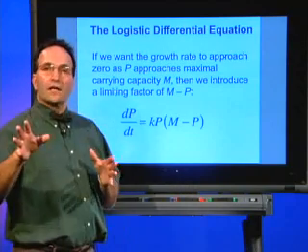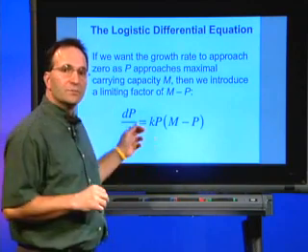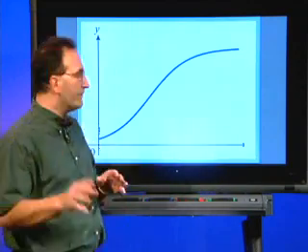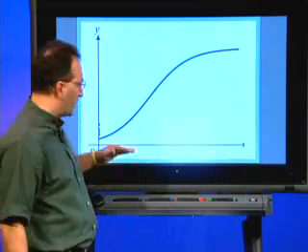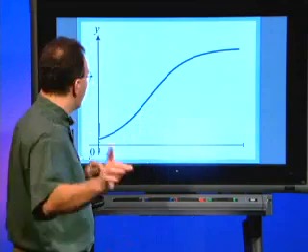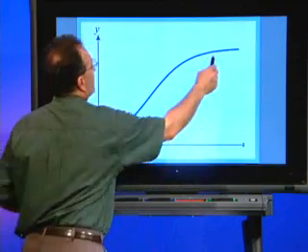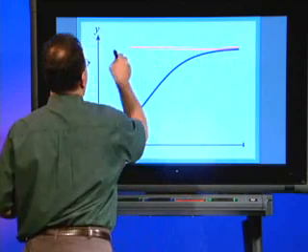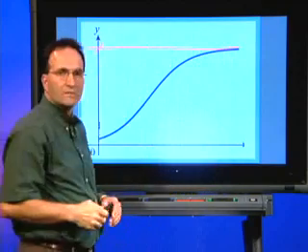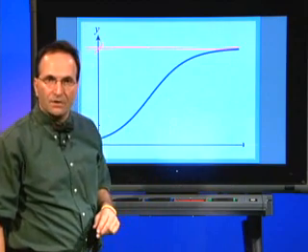Let's take a look at what the graph of this logistic differential equation would look like then. What we have is a graph that shows the growth coming up like we would expect. And what happens, though, as it reaches the carrying capacity, then you can see that it has to approach it as an asymptote.